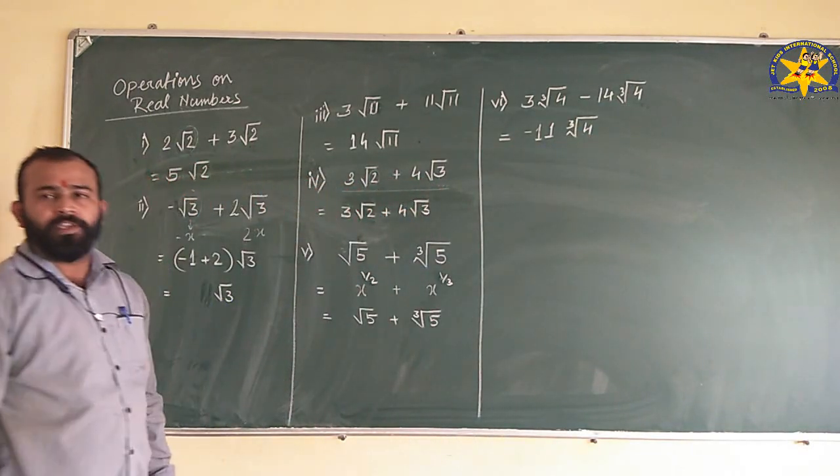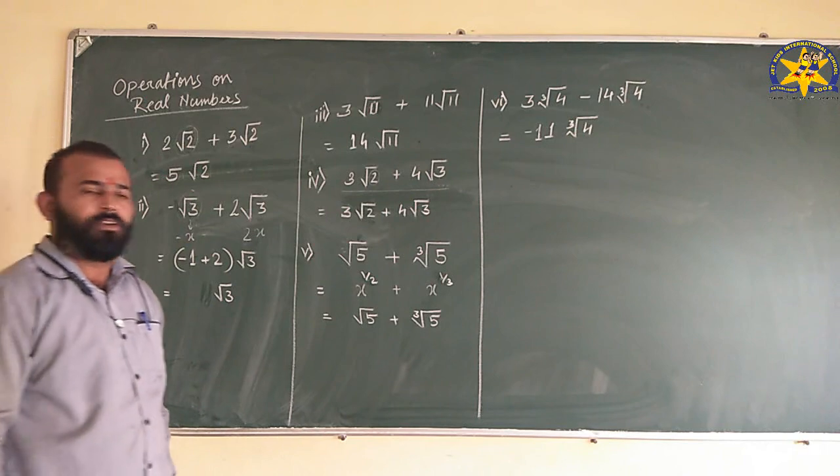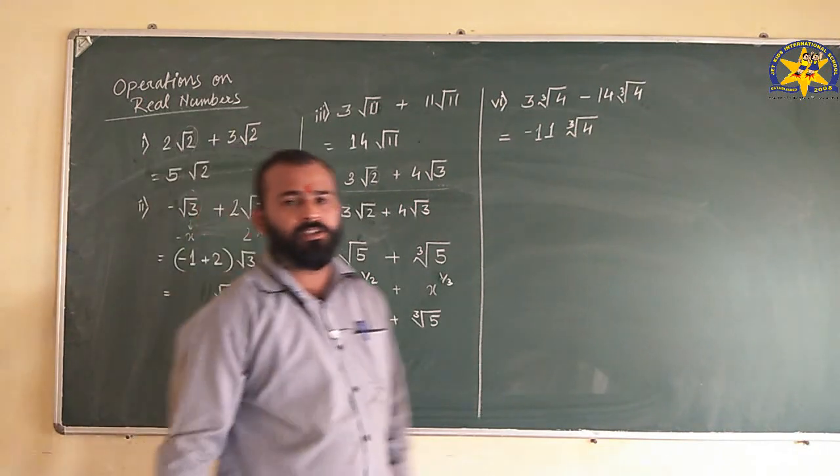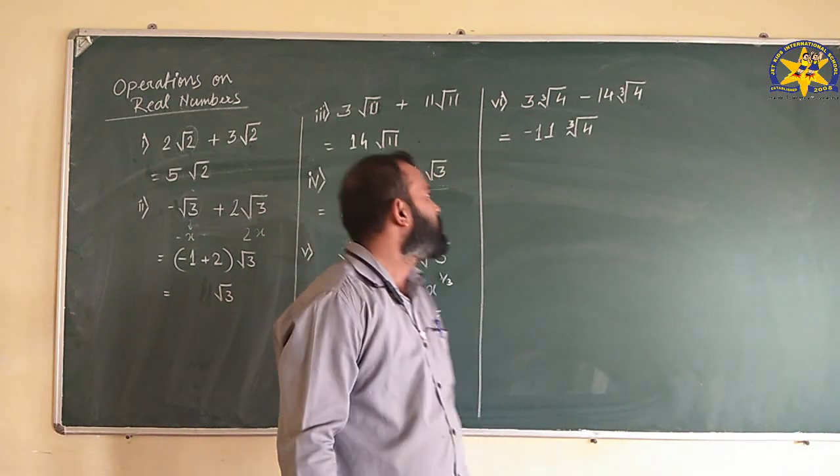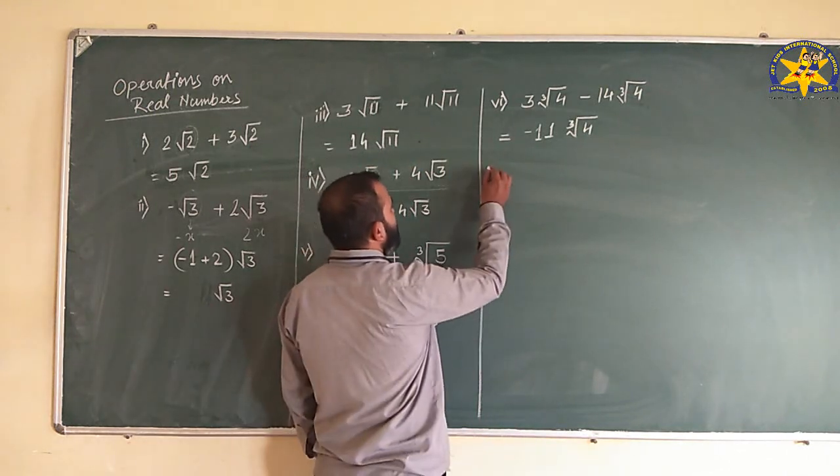Understand? So we can add or subtract all the irrational numbers if they are like. Next, multiplication.